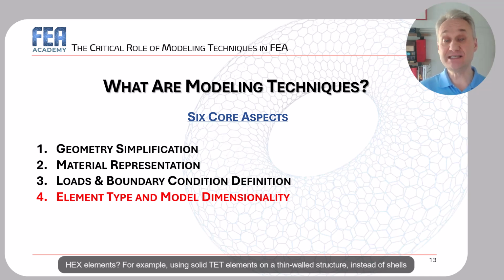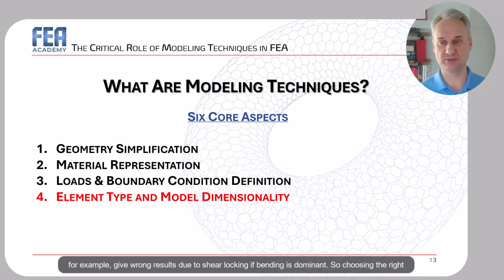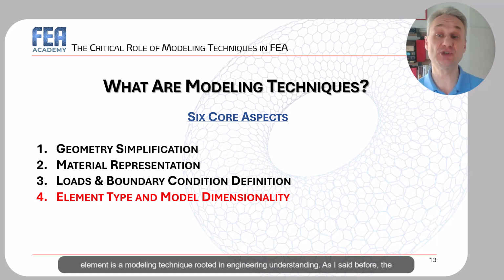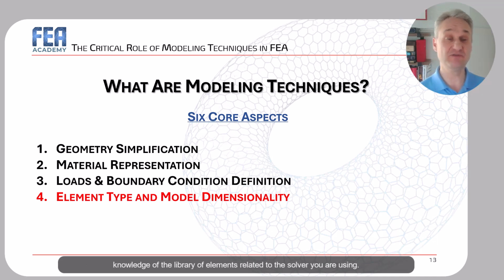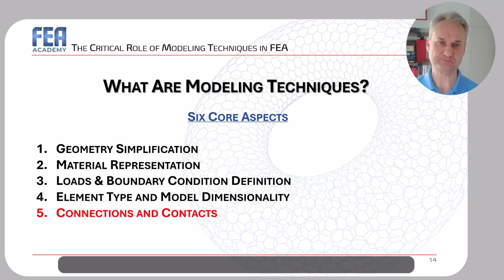For example, using solid TET elements on a thin wall structure instead of shells gives wrong results due to shear locking if bending is dominant. So choosing the right element is a modeling technique rooted in engineering understanding. As I said before, it requires knowledge of the library of elements related to the solver you are using.